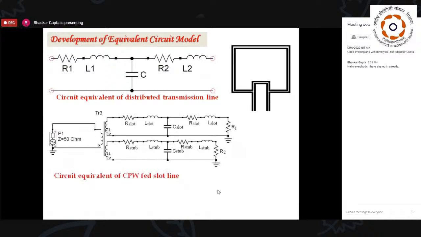Any distributed transmission line segment can be modeled like the first figure. Now for the CPW fed slot line, we then have this particular structure for the stub, the portion below, and for the slot, the circuit segment above.